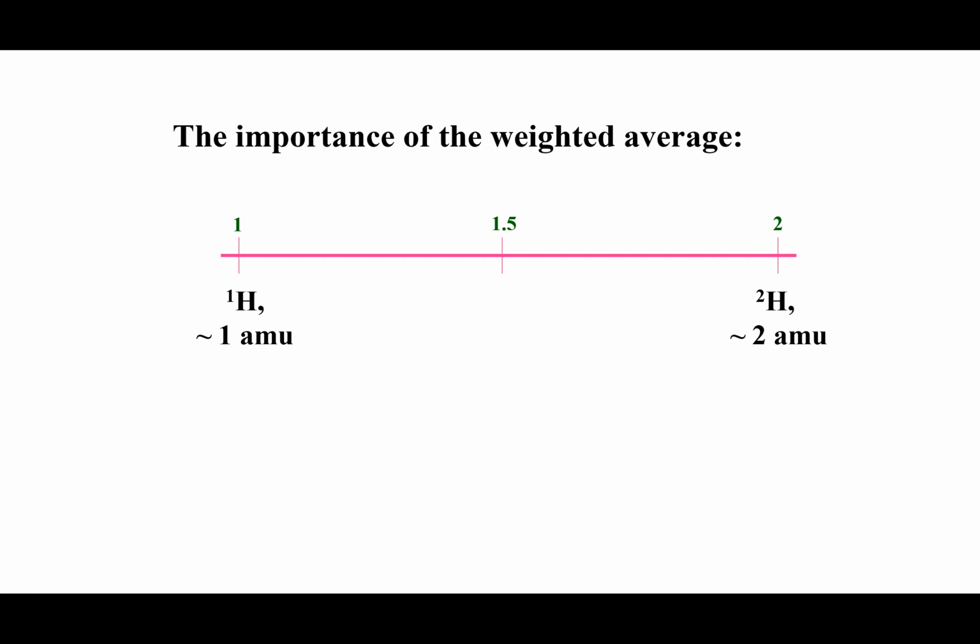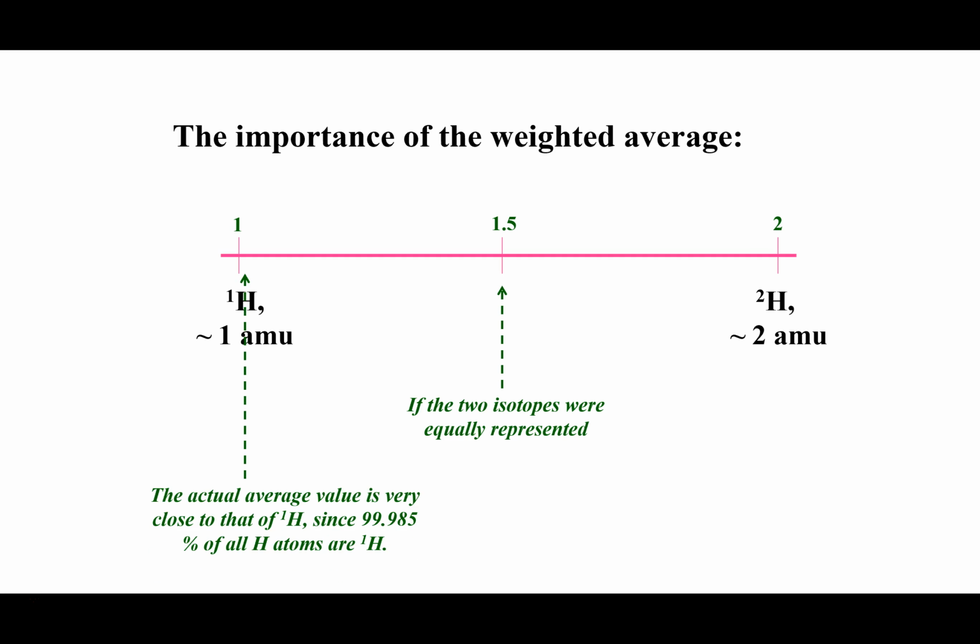This one's a totally extreme case: 99.99, a bunch of the normal hydrogen versus deuterium. So that's why on the periodic table, you see it's way over there. The natural average would be 1.5, but this is 1.00798.